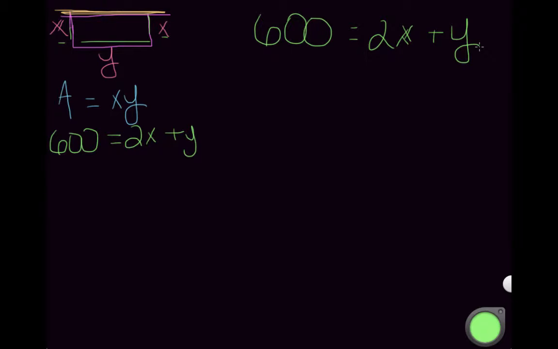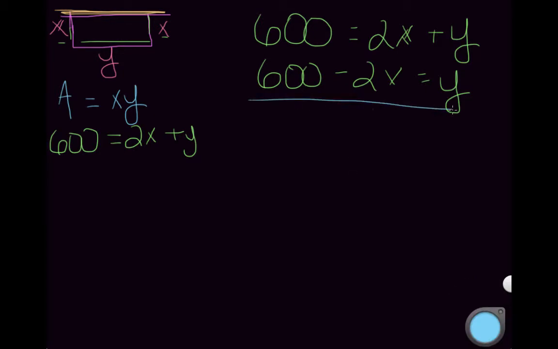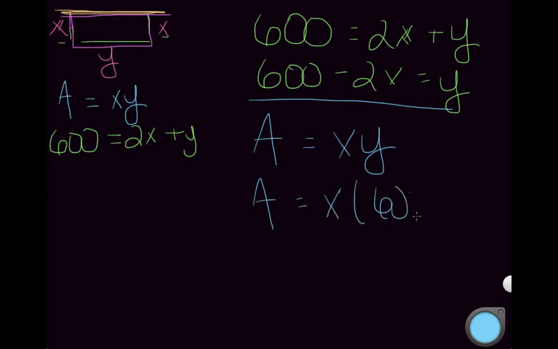To do that, I can just subtract the 2x from both sides, and I end up getting 600 minus 2x equals y. So now, since my area formula is x times y, I can say that by substitution, area equals x multiplied by 600 minus 2x.